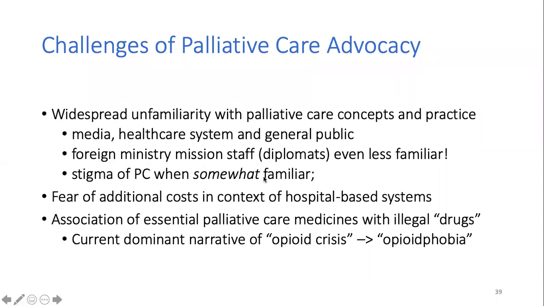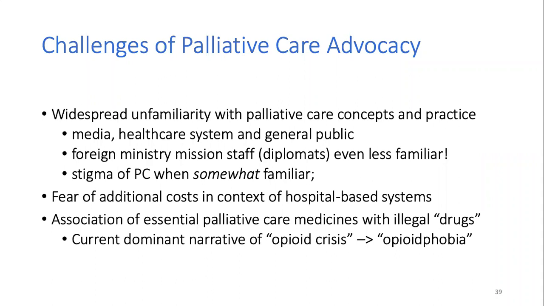And the stigma of palliative care when people are somewhat familiar, they think it's only for end-of-life care or only for cancer, or even, I've heard, euthanasia. There's also the fear of additional costs in the context of hospital-based systems and the association of essential palliative care medicines, such as morphine, with illegal drugs.